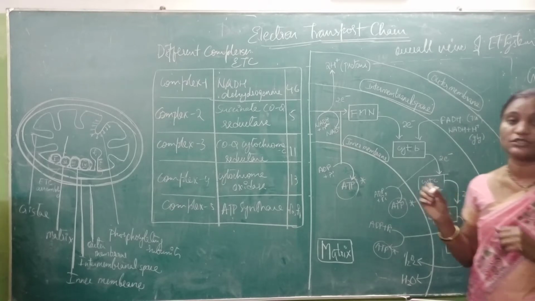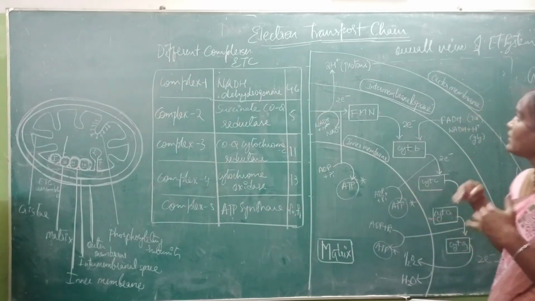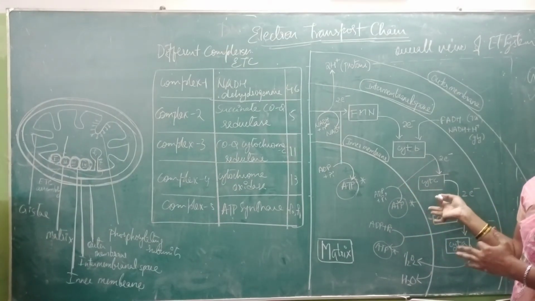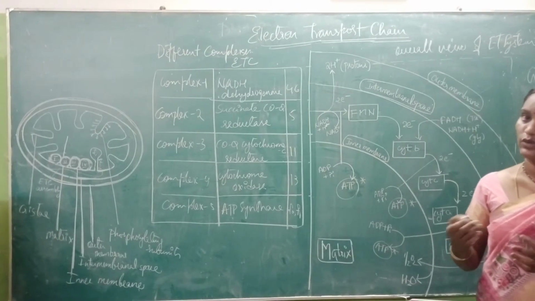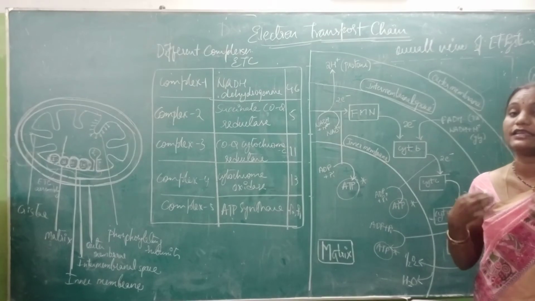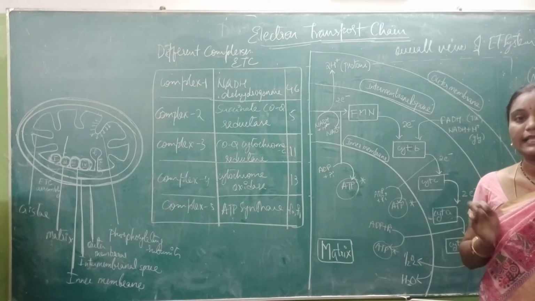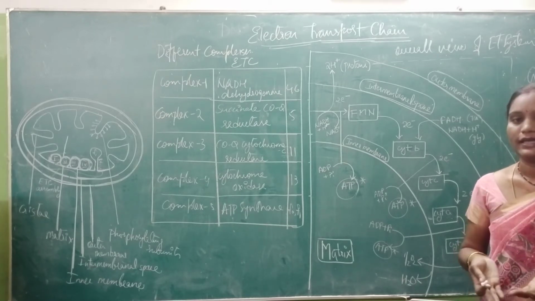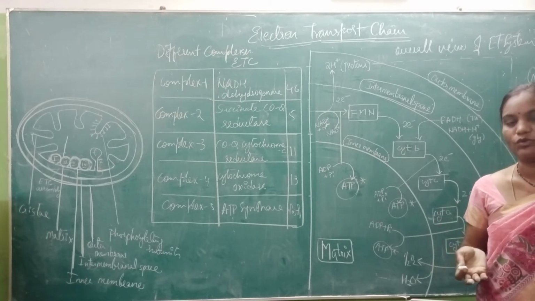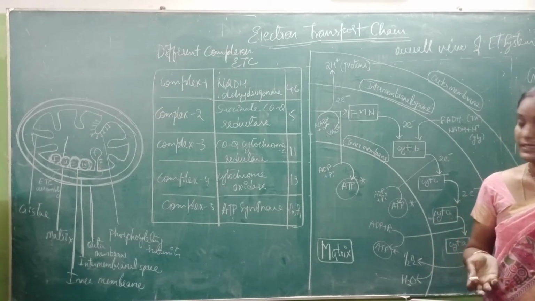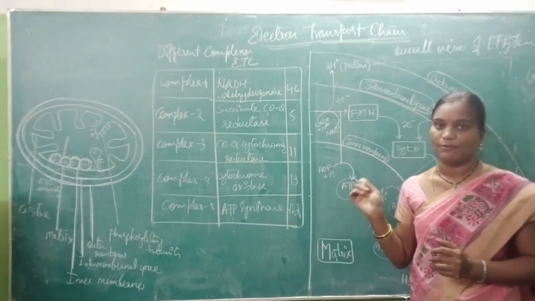Totally 6 H plus ions are released, and these protons will interact with your electron transport chain assembly in order to transfer electrons from one substance to another, and ultimately ATP is released, which is your high energy compound. This energy is utilized by your cells in every part of your body, in your daily routine work, isn't it? So this is the actual story before the electron transport chain mechanism.